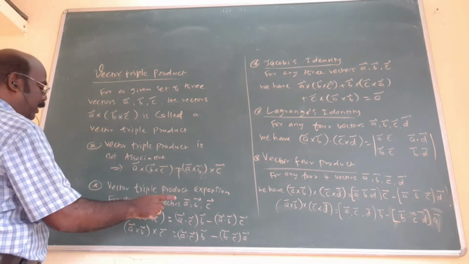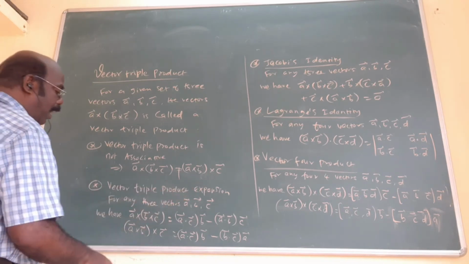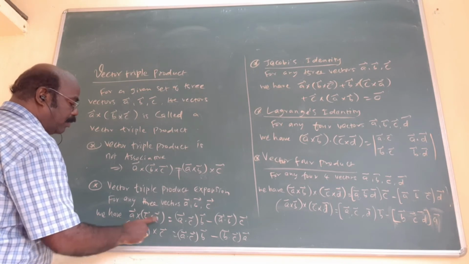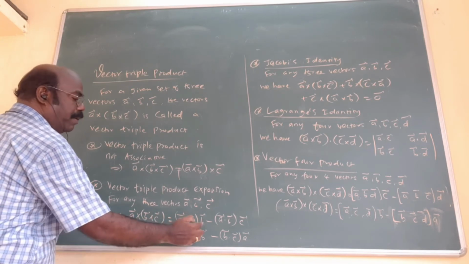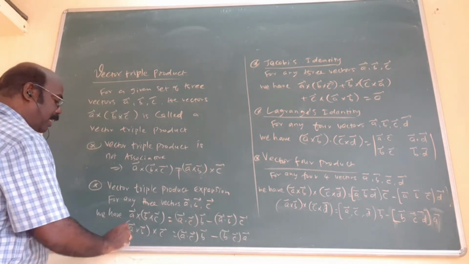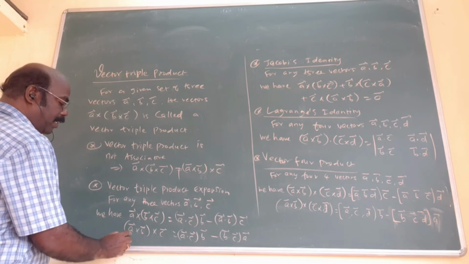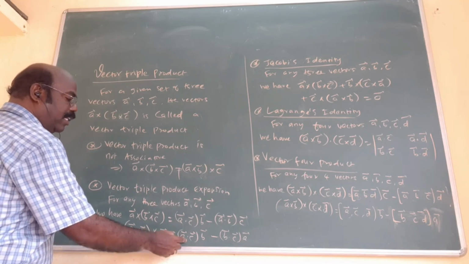The vector triple product expansion is for A cross B cross C. What is the formula? Very simple concept. First with the last dot product, the remaining one B vector, minus first and second dot product, C vector. Or otherwise, in this way it will come. Inside the bracket, A vector, first with the last, A dot C in between.